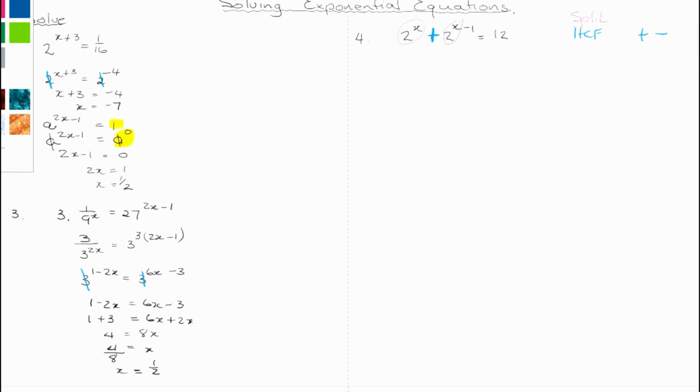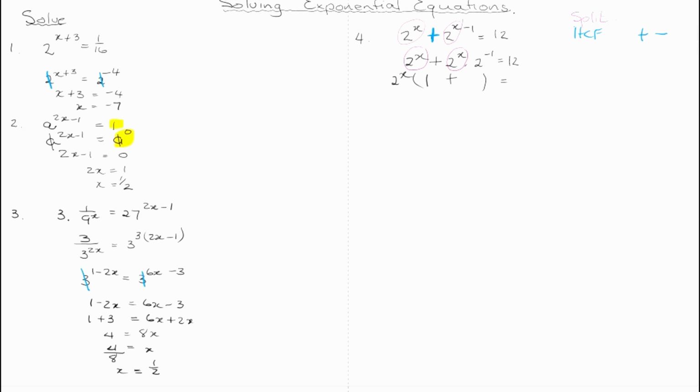So that will be 2 to the x plus 2 to the x, 2 to the minus 1 equals 12. I will then take out 2 to the x and 2 to the x. I will open up a bracket and put a plus sign in the middle and take the 2 to the x out. 2 to the x out of itself is 1.